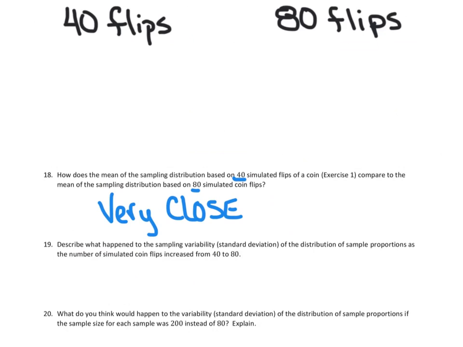Now, how about this, though? This is going to change things. Describe what happened to the sampling variability, or describe what happened to the standard deviation when the number of flips went from 40 to 80. Your deviation went from 0.079 and it dropped to 0.061. So we're going to say the standard deviation, our lowercase sigma, decreased. And that's what we expect it to do every time the sample size increases, and that's a theme that's really been reoccurring throughout the last two videos.